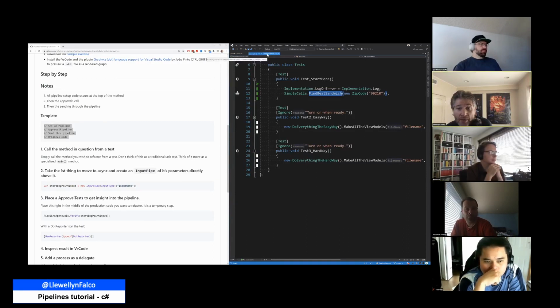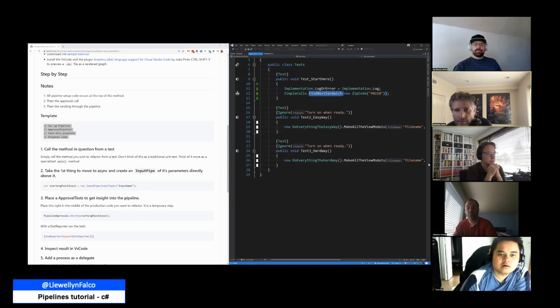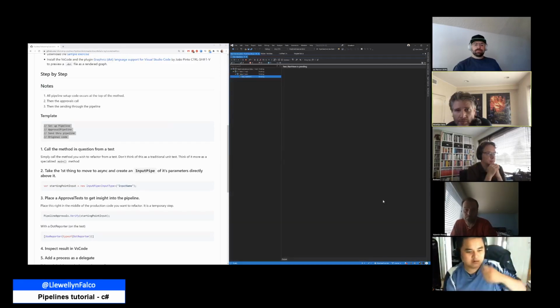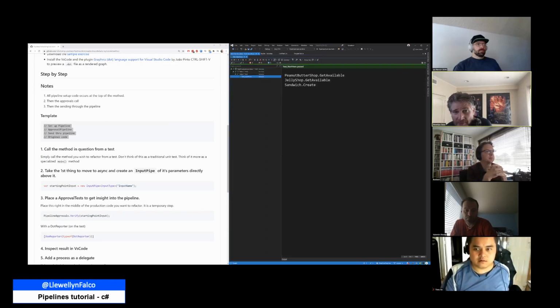So you can run this and see that it does something. Particularly what it does here is it passes. Okay. Next. So now we can start refactoring.